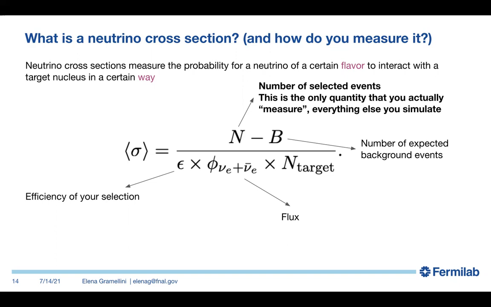So, for example, if you want to measure electron-neutrino charged-current interactions, those interactions where an electron neutrino came into your detector and actually interacted with your argon, you might want to select events that, for example, only have an electron shower.